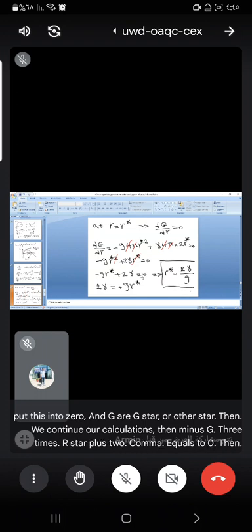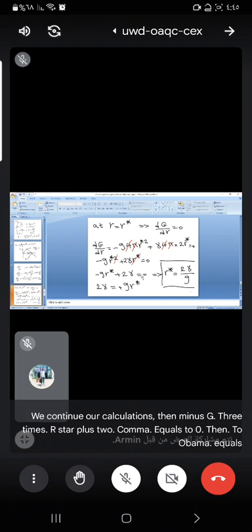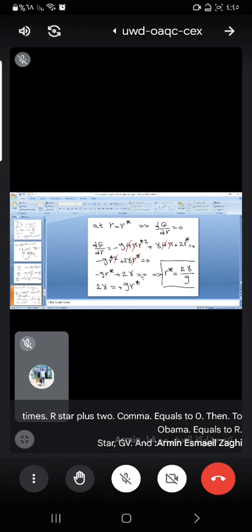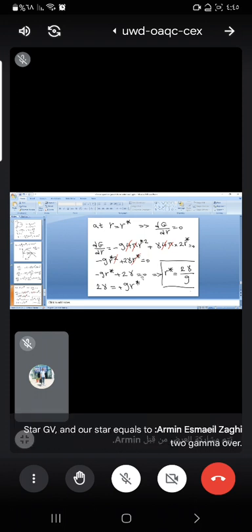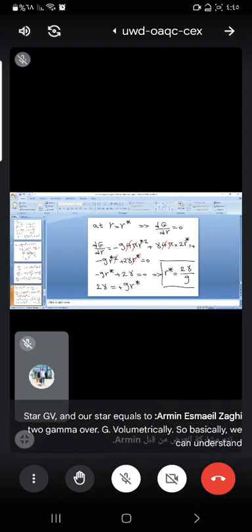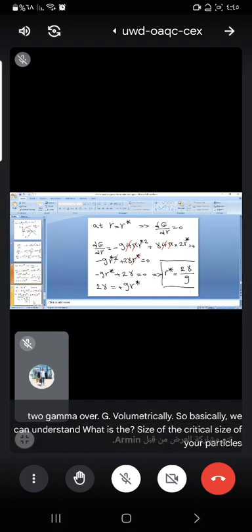Then 2 gamma equals R star GV, and R star equals 2 gamma over the volumetric G. So basically we can understand the critical size of your particles, the nucleus size of the particle.